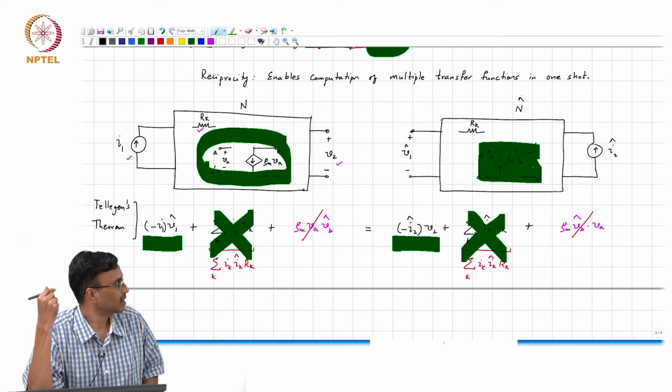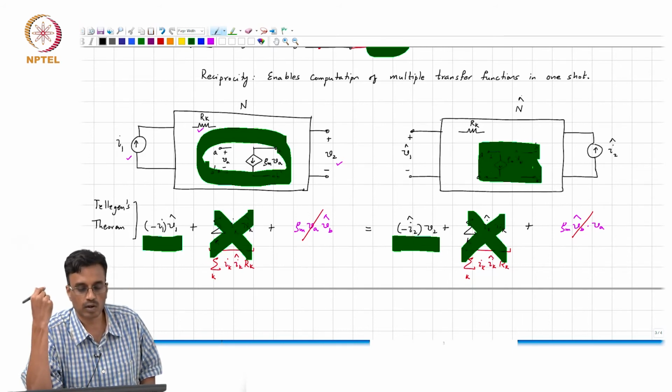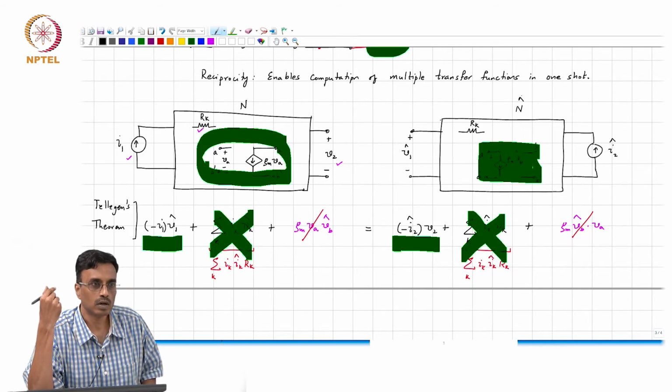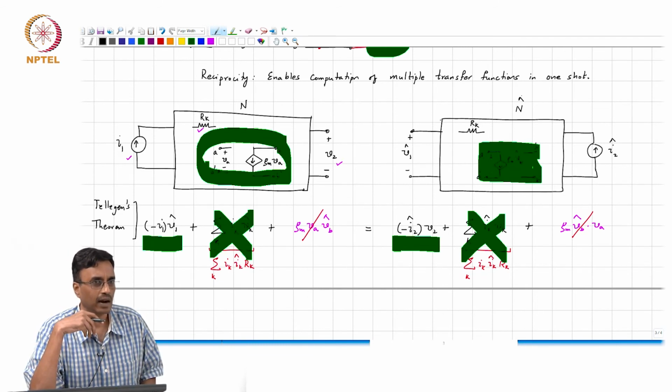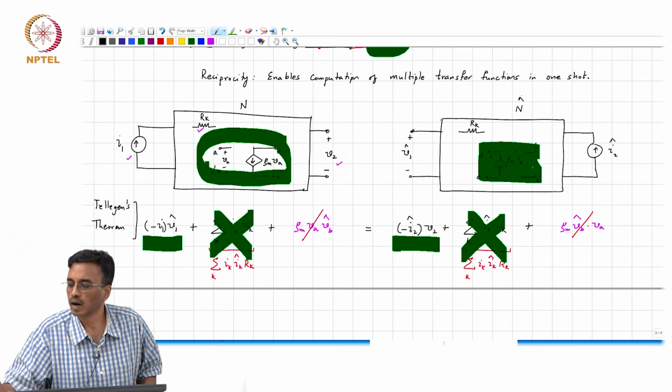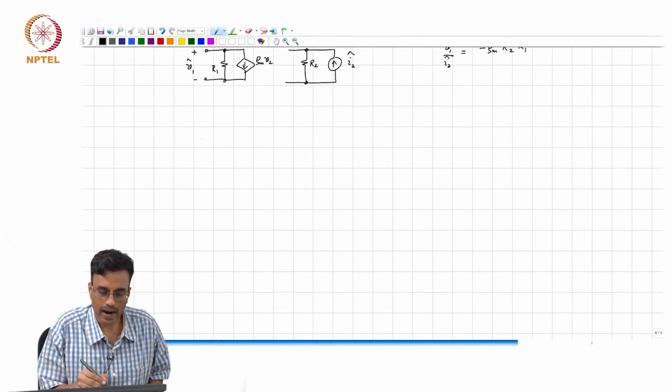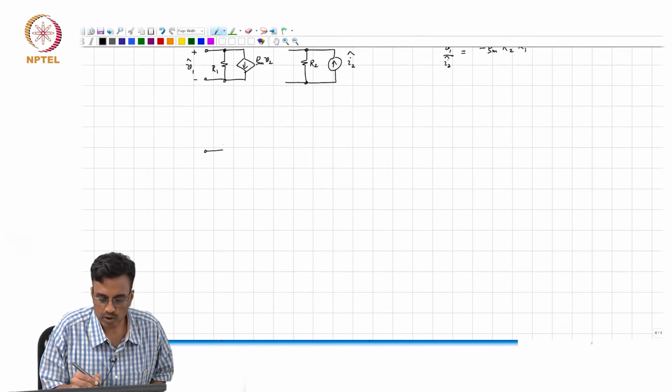Now, if you have 100 voltage controlled current sources, what would you do? You flip the orientation of all the 100.